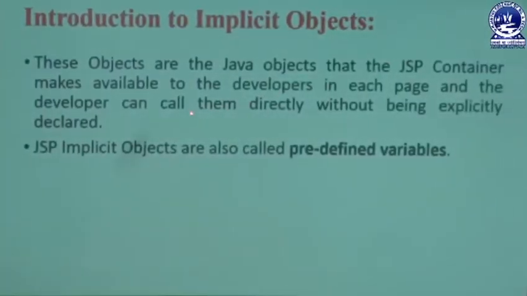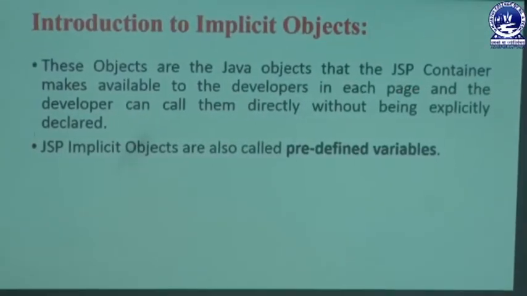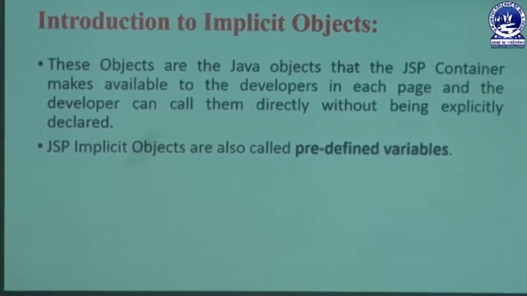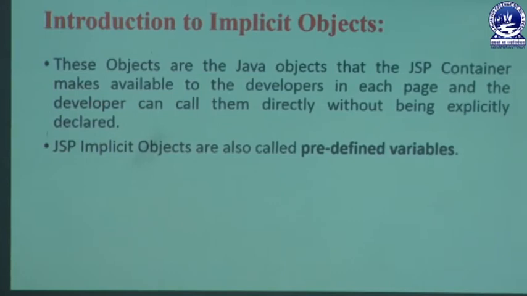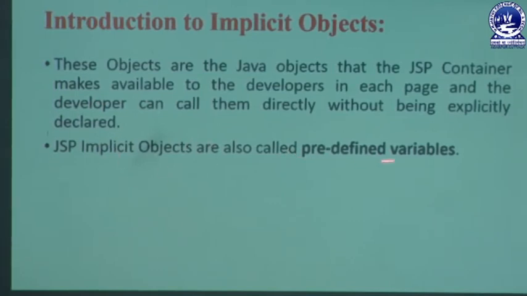Here we are discussing how to use an implicit object in our program without explicitly declaring it. JSP implicit objects are also called predefined variables. Predefined means already defined by the system.